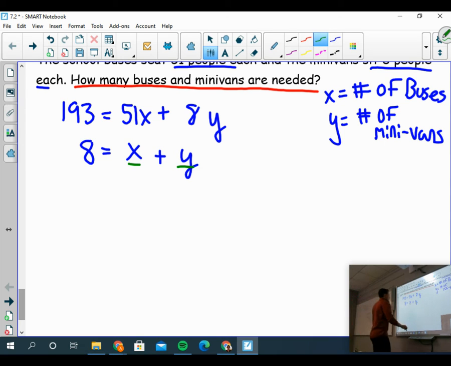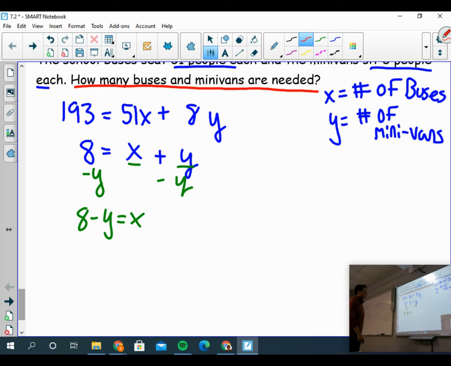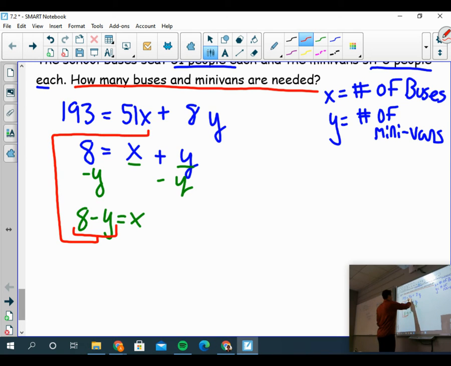Here though, if I just subtract y from both sides, I get x by itself. Could I also have gotten y by itself? Sure. Well, I chose x. And now we can do the substitution. By isolating a variable, I can now substitute 8 minus y in for x in the other equation.